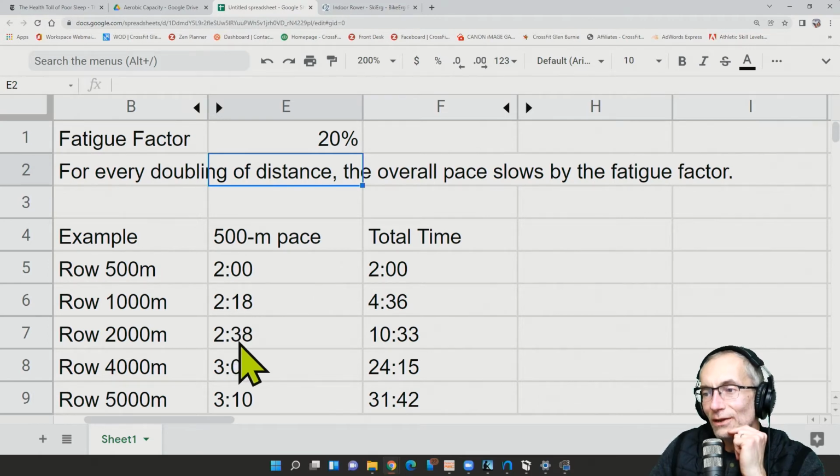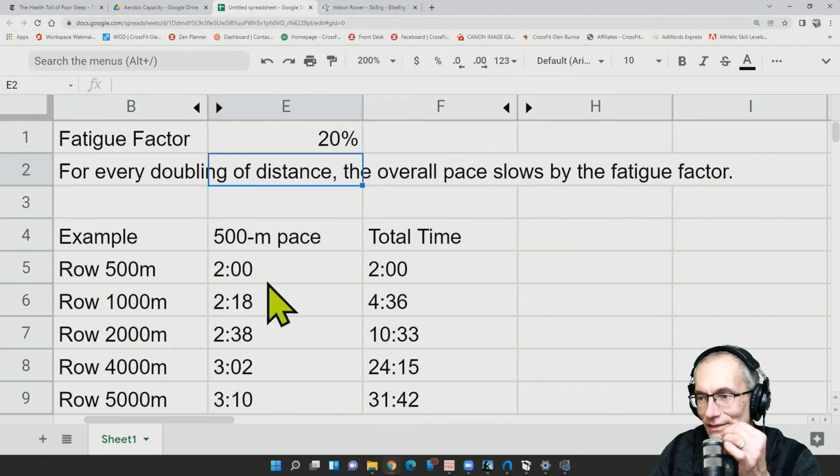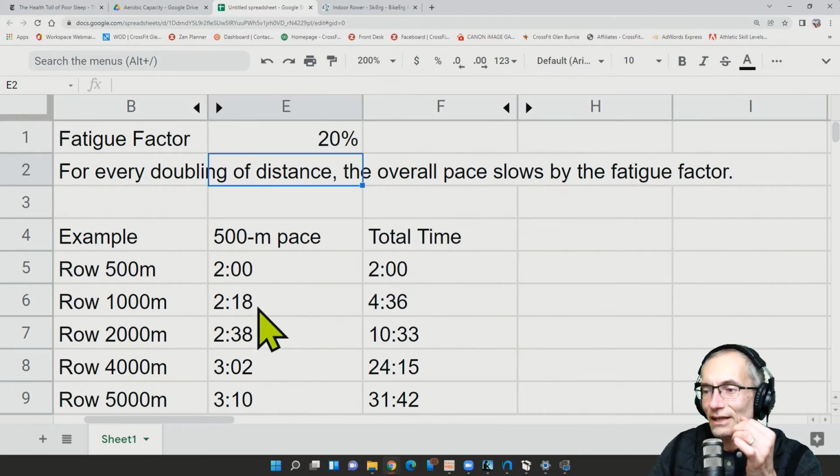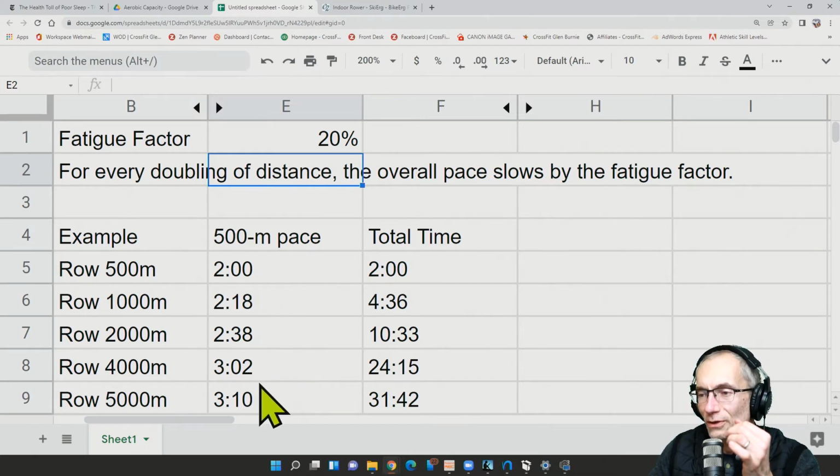And my 2K row, the overall pace is probably going to be about 2:38, and so on for my 4K and 5K. You can see a significant increase in the amount of time. Your pace is getting slower and slower with those longer distances because we just don't have that aerobic system.